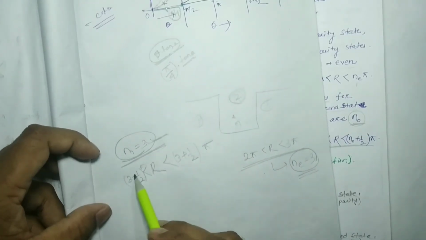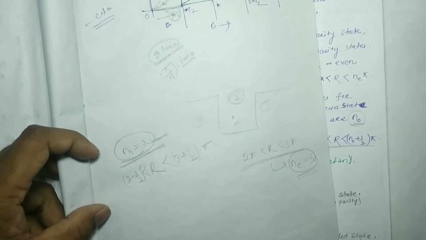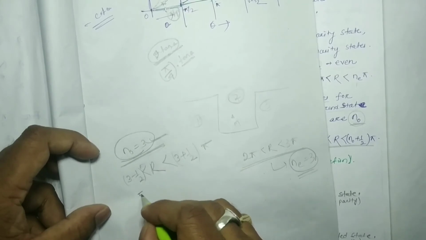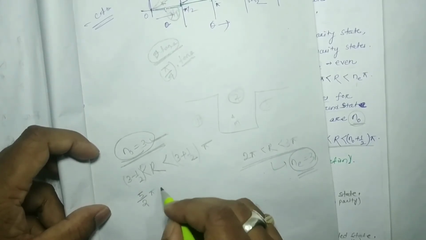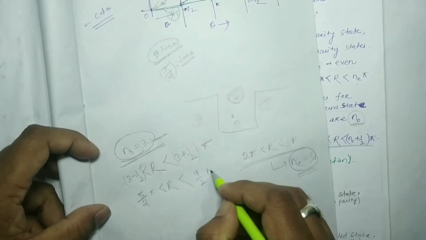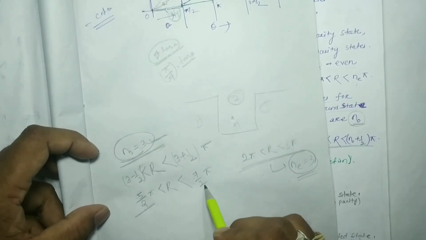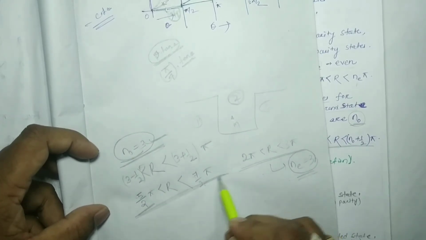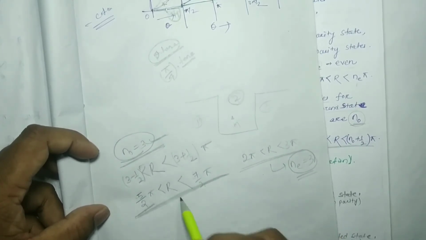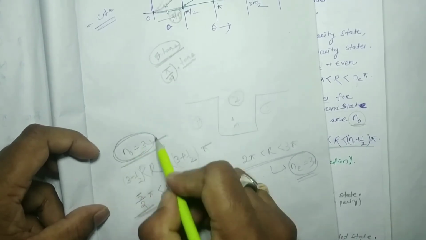So 3 minus 1 by 2 is how much? This is 5 pi by 2 less than r less than 7 pi by 2. So in between 5 pi by 2 and 7 pi by 2, if we consider the range of the radius, then we can find 3 odd parity solutions.